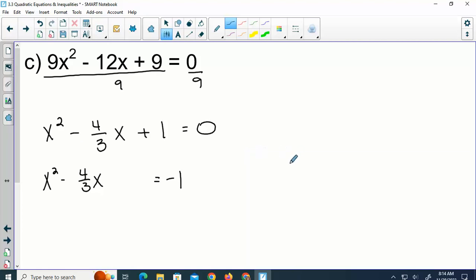Now, we have to make a perfect square. So it's your middle term divided by 2 and squared. What is negative 4/3 divided by 2?